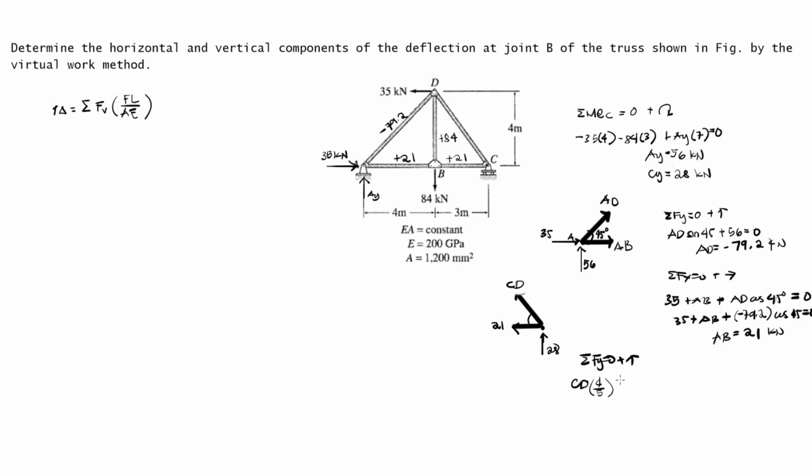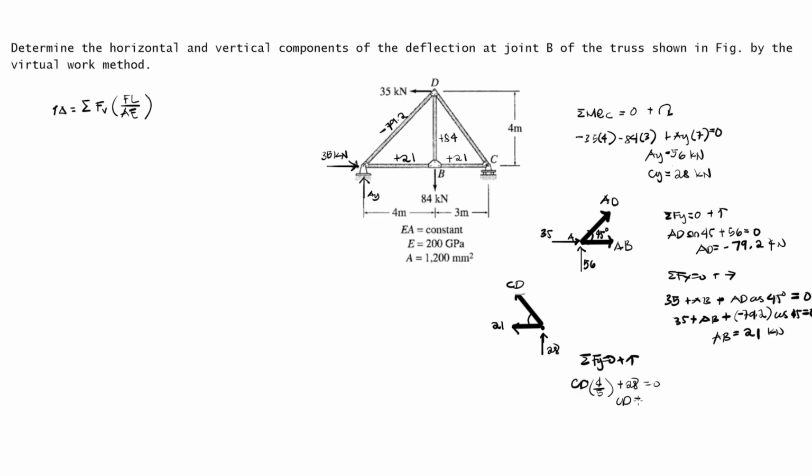Okay? Bakit 4? Kasi dito triangle natin, ang kinukuha natin is yung vertical component. So, that is 4 all over the hypotenuse. 3, 4. The hypotenuse is 5. So, 4 all over 5. Okay? And then, plus 28 kilonewton, that's equal to 0.